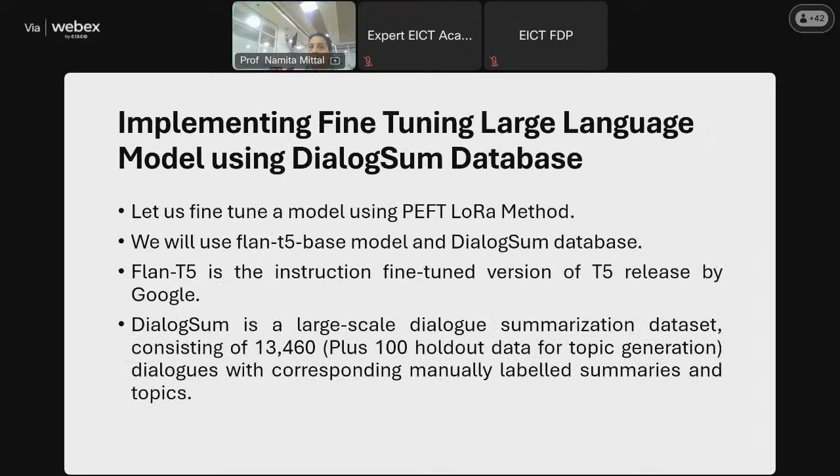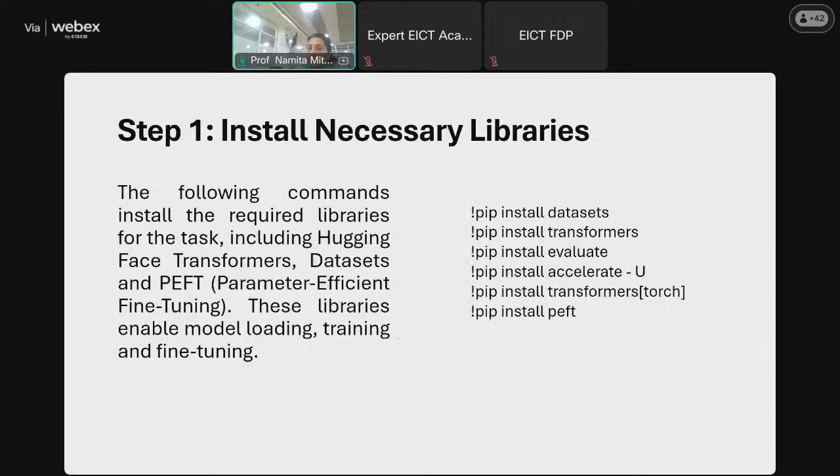So this is the fine-tuning large language model using dialogue-sum database. Today we'll be doing this thing. Or otherwise, these are available on the slides. So everything I have written here, how do we install the datasets, how do we install using the pip, install transformers, evaluate, accelerate, torch, and pip install PEFT we have learned.